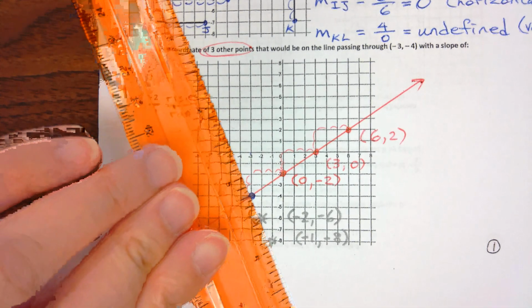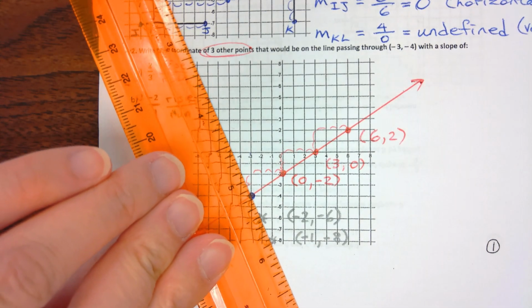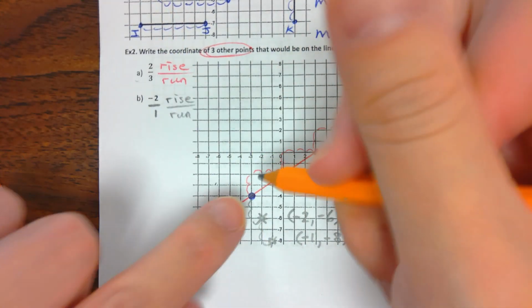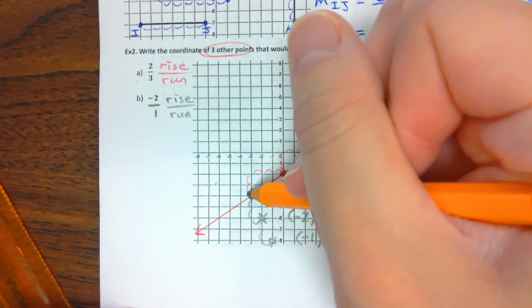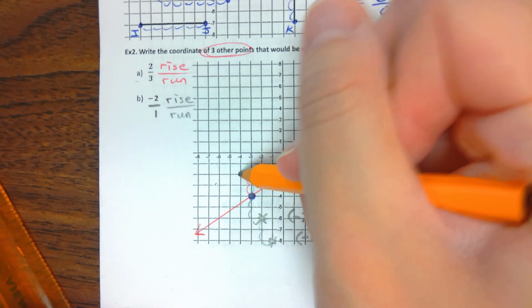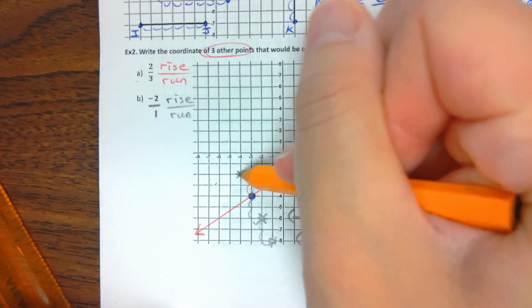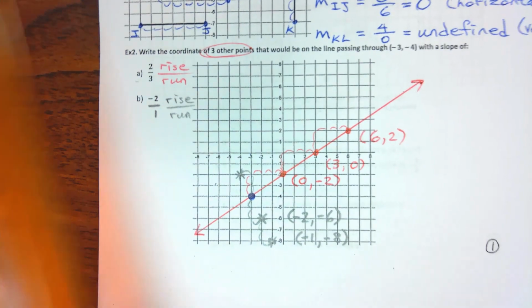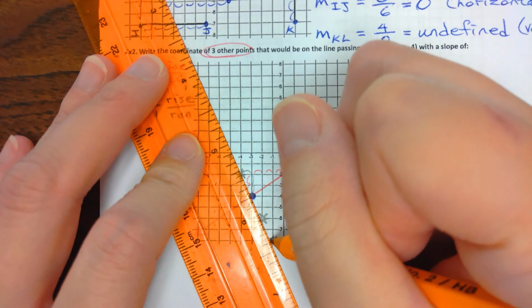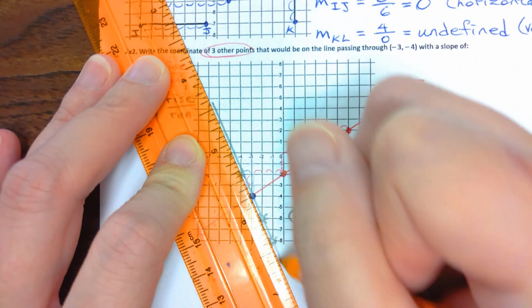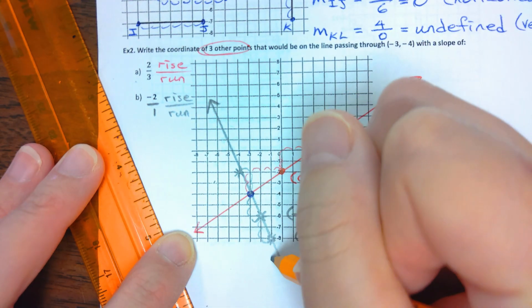You know that the direction of the line goes like this. So from here, we could also go up 2 and over 1 to the left this way. Okay, because we know the direction of the line. So now when we connect it, there's our line.